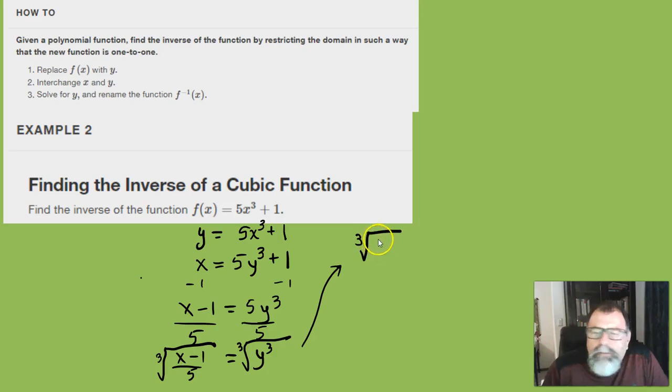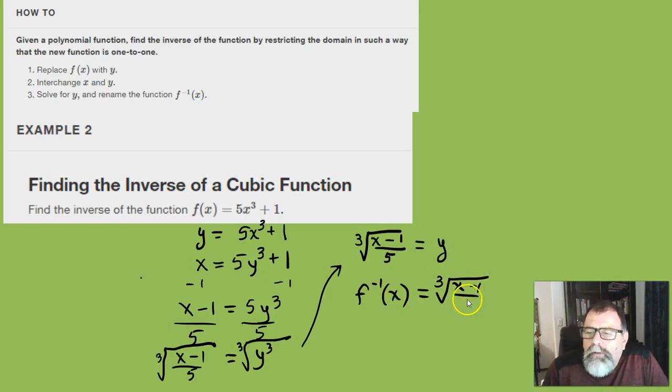So this gives us a 1-to-1 function, since it's cube root. And then there's y. Now you're going to replace the y back to name it f inverse. And I'll just switch it. So f inverse of x is the cube root of x minus 1 over 5.